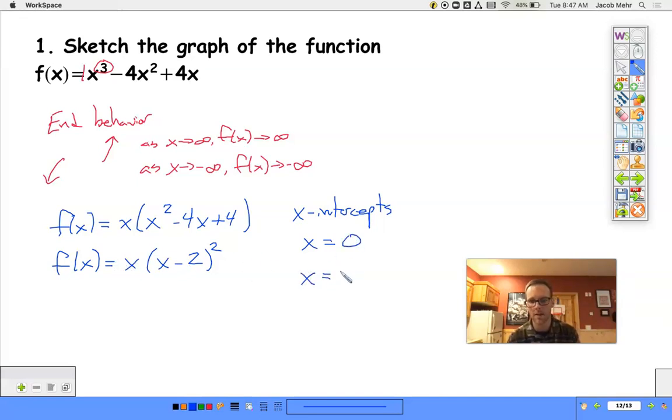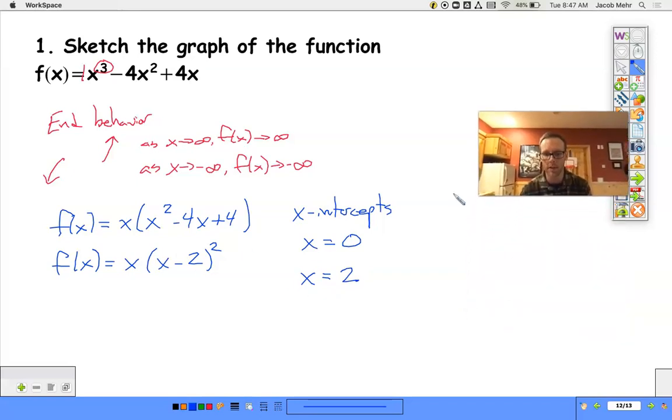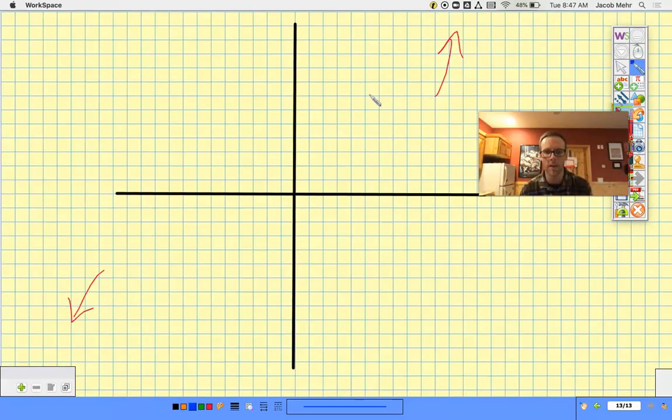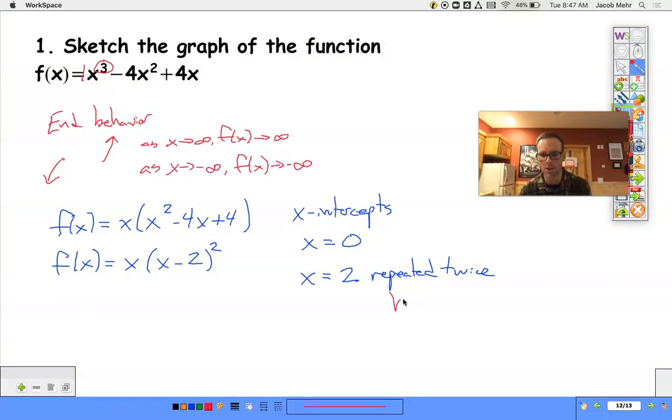This one gives me an x-intercept of 2, but it is repeated twice, or multiplicity 2, depending on how you say that. So, from my graph, I know the end behavior, but now I know that I have an x-intercept at 0, and I have an x-intercept at 2. But this one is repeated twice, and what did we say? If it's repeated twice, it should be a bounce.